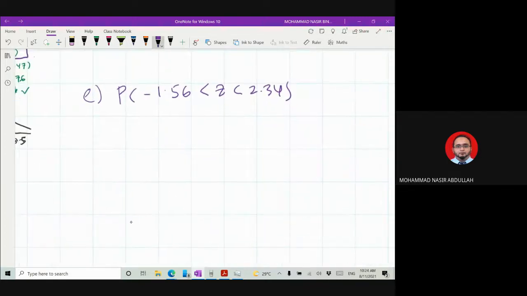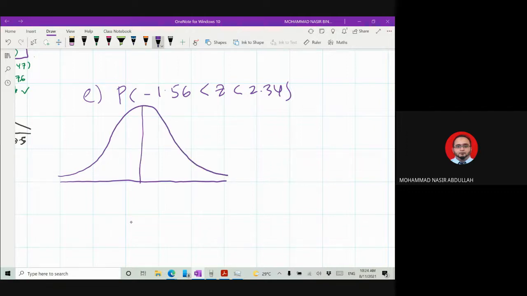So let's draw the area first. Never skip drawing the area. So this is the area that we want to find. Negative 1.56. This is 2.34. Right. So this is the area that we want to find. The area in between.